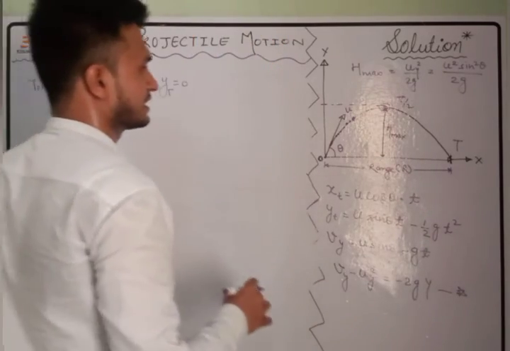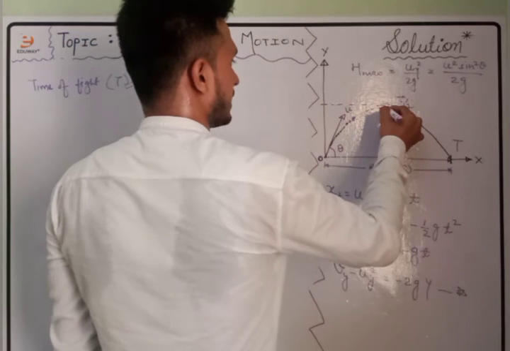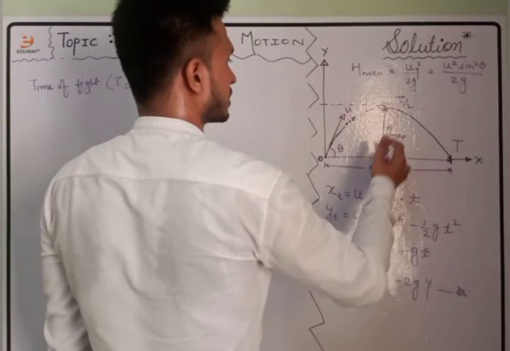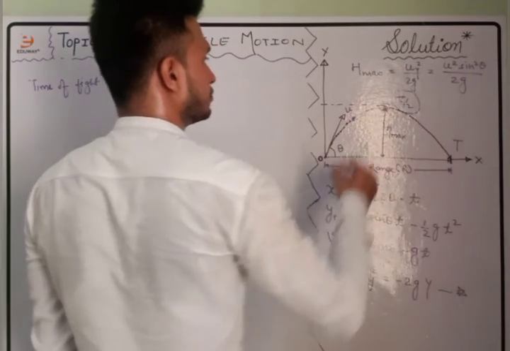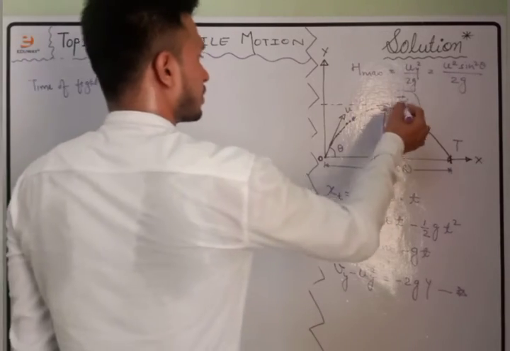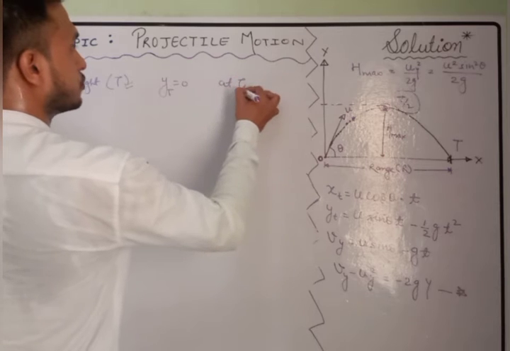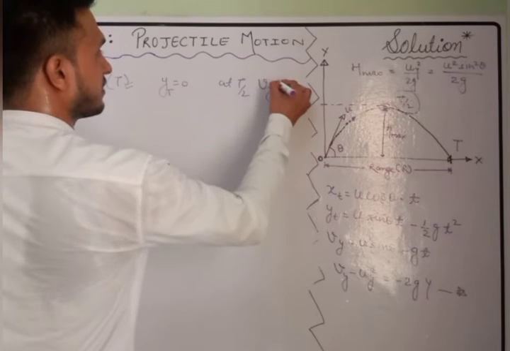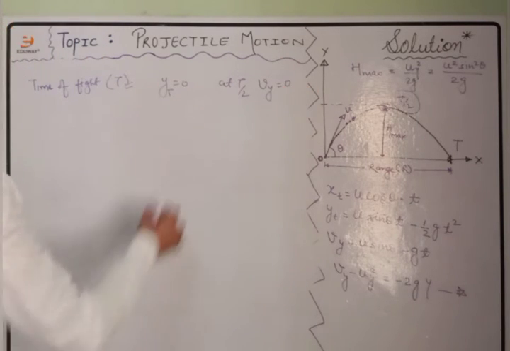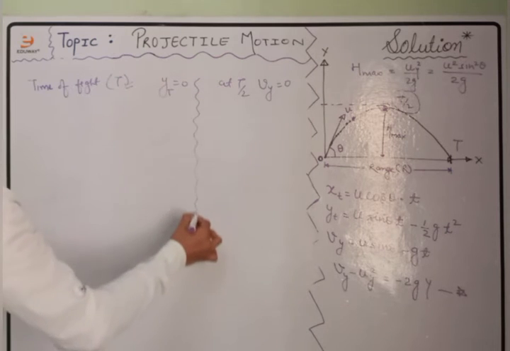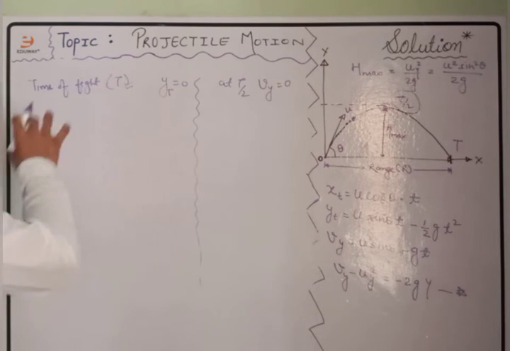The second concept says that when the object is at maximum height, in the middle of the motion, the time will be T by 2. And at that time, we already said that the vertical component of velocity, vy, will be equal to 0. So here we will use both these concepts and try to deduce the formula for the time of flight.